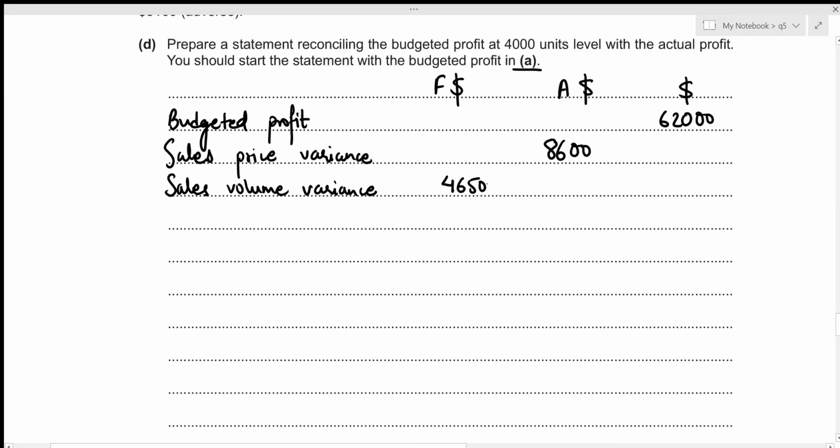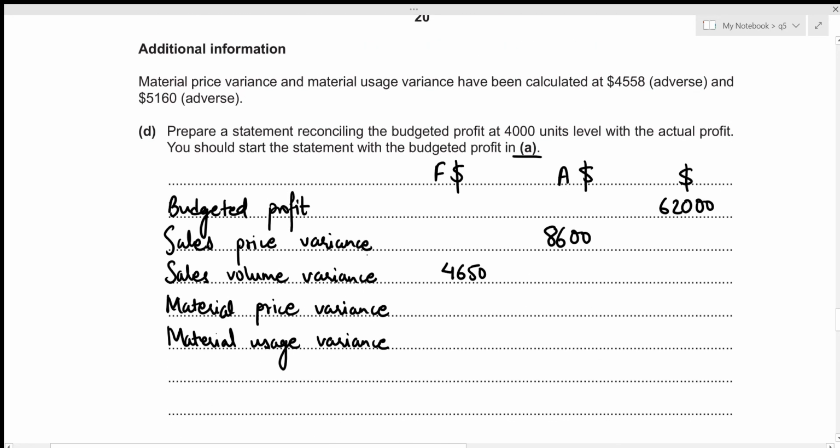Okay, now we can move towards our material. So that will be material price variance and material uses variance. So regarding the material, we were given in our additional information, the material price variance is 4,558 adverse.